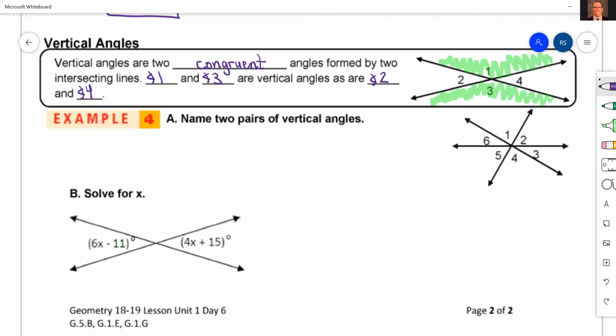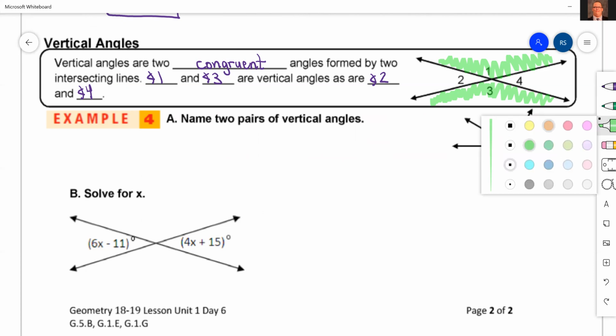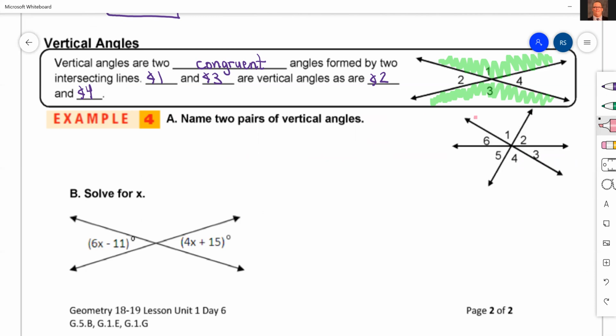So now they want us to come in on this next example and name 2 pairs of vertical angles. So just to help y'all pick, I'm going to start with angle 1 right here. Which one looks like it's opposite of angle 1? Yeah, angle 4. So there's one pair.